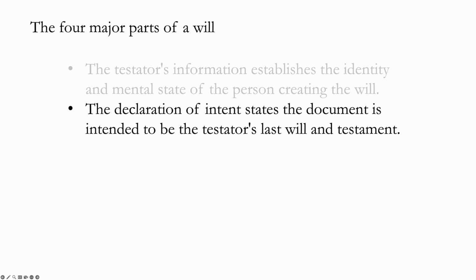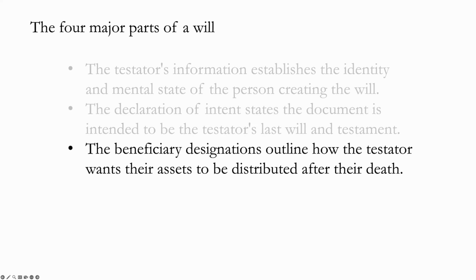This is a formal requirement for a will. The declaration of intent states that the document is intended to be the testator's last will and testament. That has to appear somewhere near the beginning of the will to let everybody know that this was something they wanted to be enforceable. But like I say, enforceable meant that you could sometimes create fights, and I'll talk a little bit about that. The beneficiary designations outline how the testator wants their assets to be distributed.